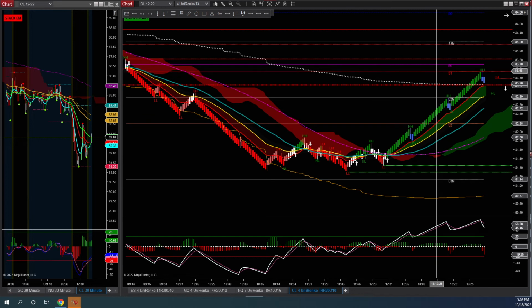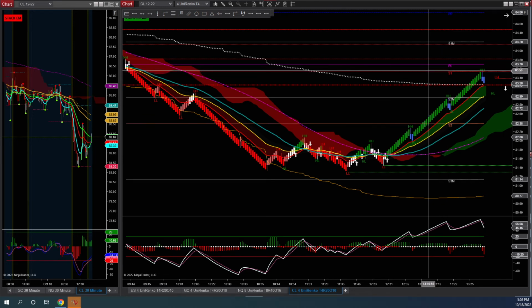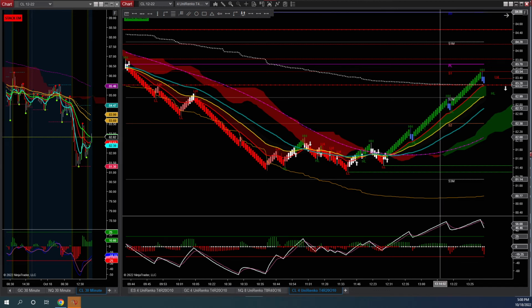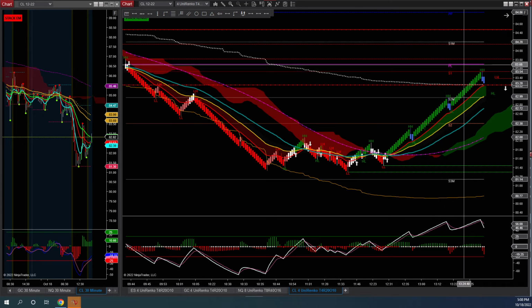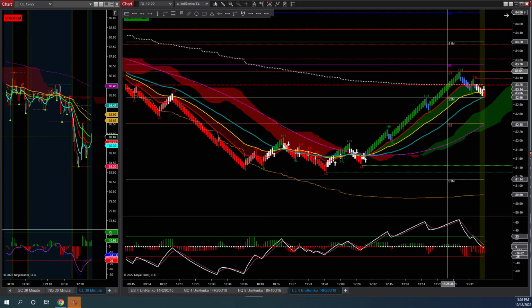Pay attention to this S, which is the support one. So you have the floor pivot right here. You do have the mid of the first resistance, and you have first resistance here. And here you do have the last day low. So that one is also an important level.